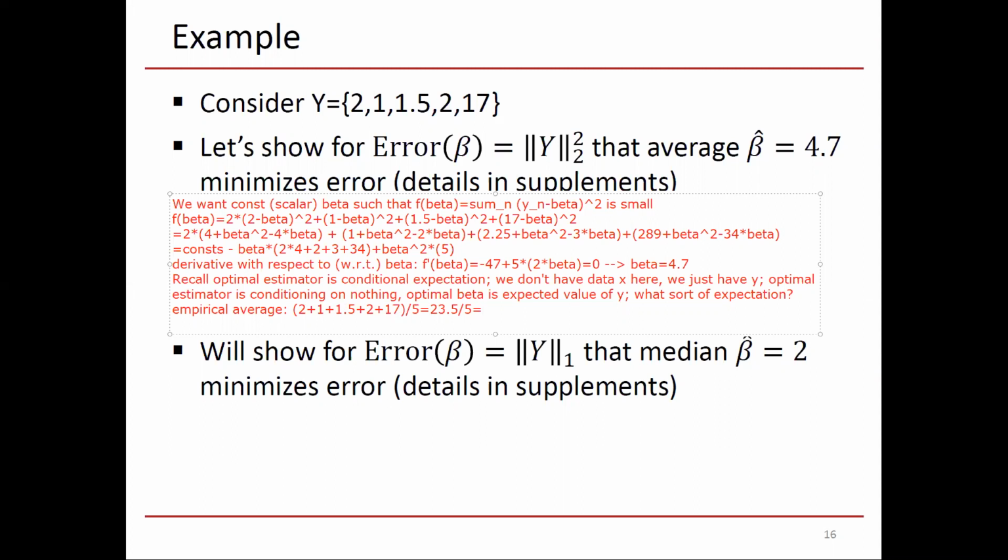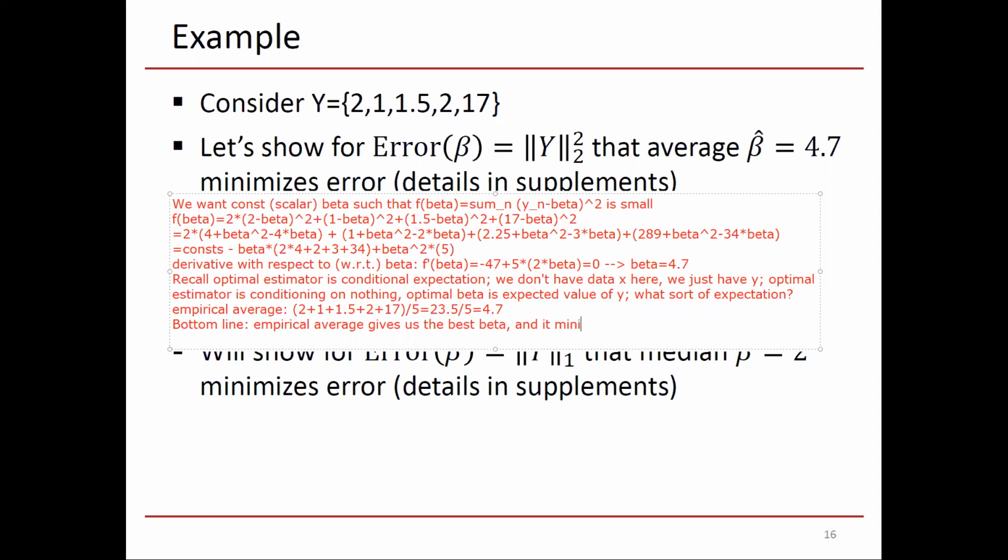So let's think about it. 20 divided by 5 is 4. 3.5 divided by 5 is 0.7, so we have 4.7. So bottom line, the empirical average gives us the best beta, and it minimizes the squared error.